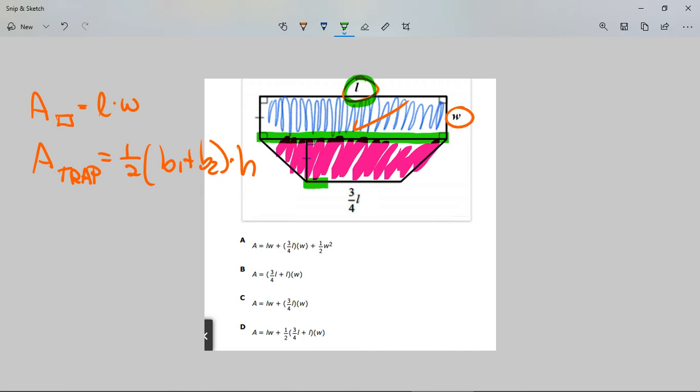What is the bottom base? Here. All right, so this is what goes here. This is what goes here. And then what is the height? That's the next and last part. The height of that trapezoid is this piece. Guess what? Look at that. This piece is exactly the same as this piece. What is that thing equal to?